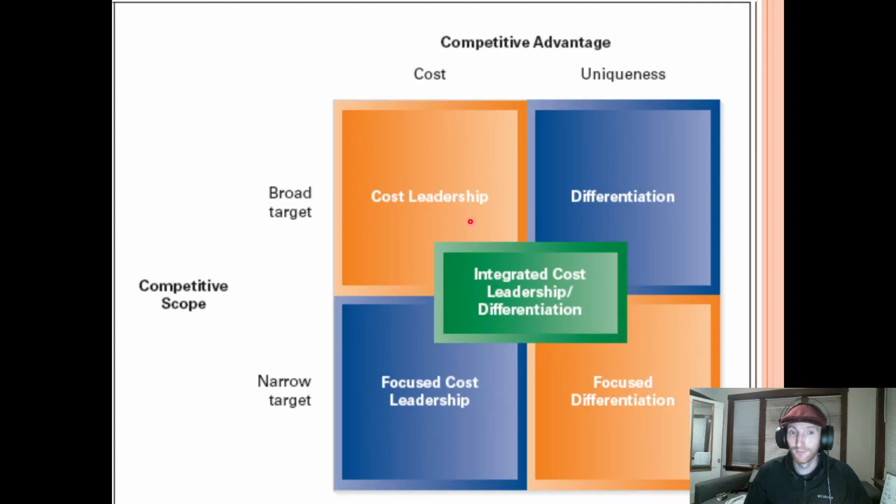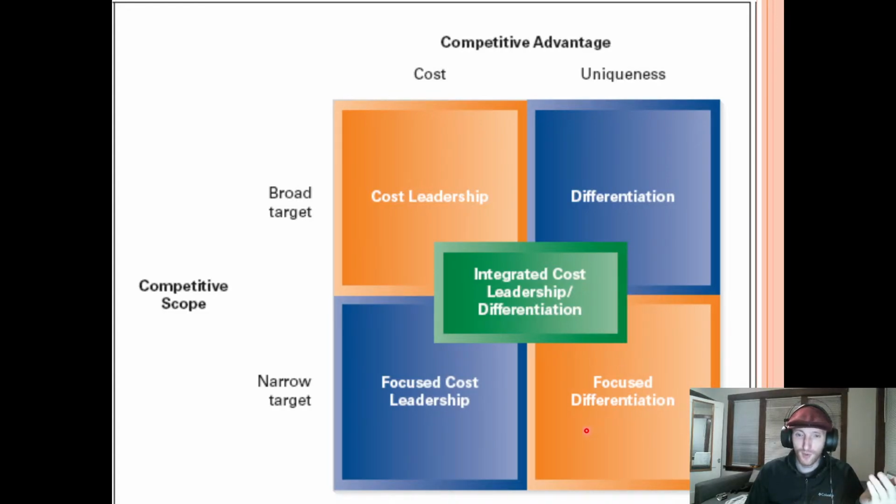Okay? Now, if we go with a narrow target, all right, so we have what we call a focused strategy. So this would be a focused cost leadership strategy. Now, you can think of this as maybe like either a low-cost kind of one-trick pony sort of store, or maybe like a Dollar General or something like that, okay, versus a focused differentiation.